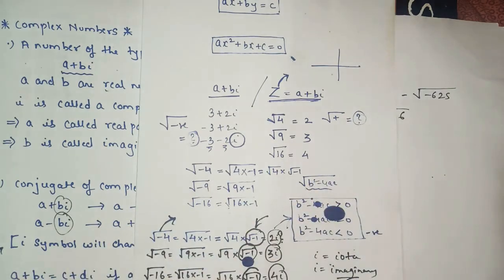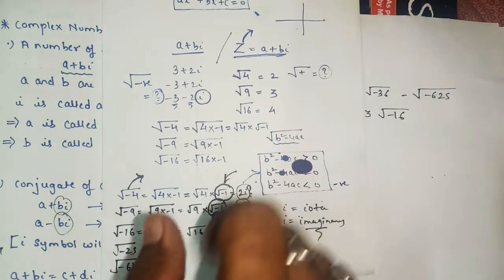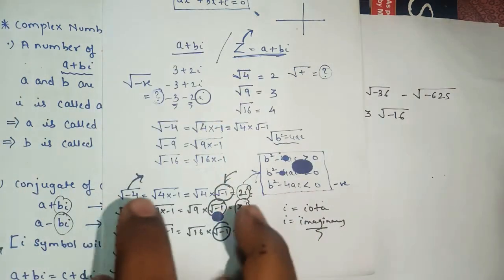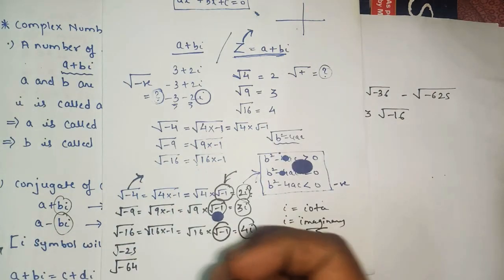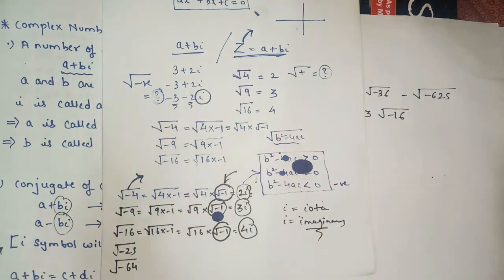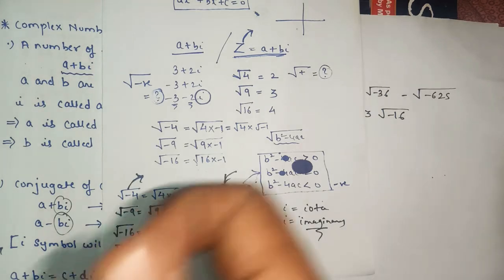Why the mathematician had decided to take the root minus 1 as i, to solve the sum further. And we know that till 10th standard we used to know that we cannot find the square root of any negative number. But in 11th standard we come to know that yes, we can solve it, but by using what? Imaginary number.